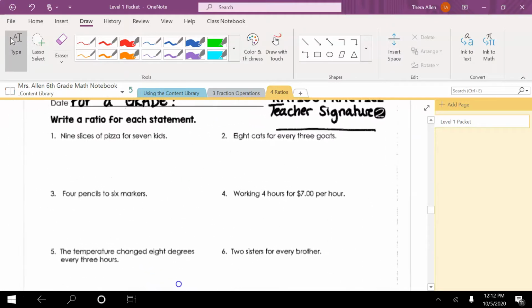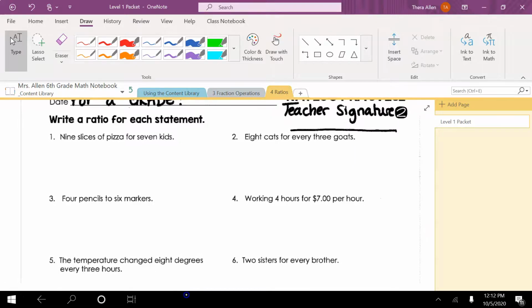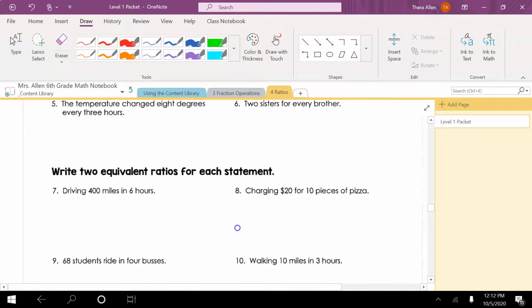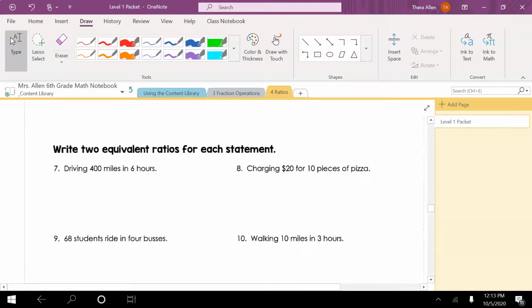So let's look here. Write a ratio for each statement. 9 slices of pizza for 7 kids. This is like we did earlier. 9 slices, 7 kids. Just like that. If we move down, write 2 equivalent ratios for each statement.